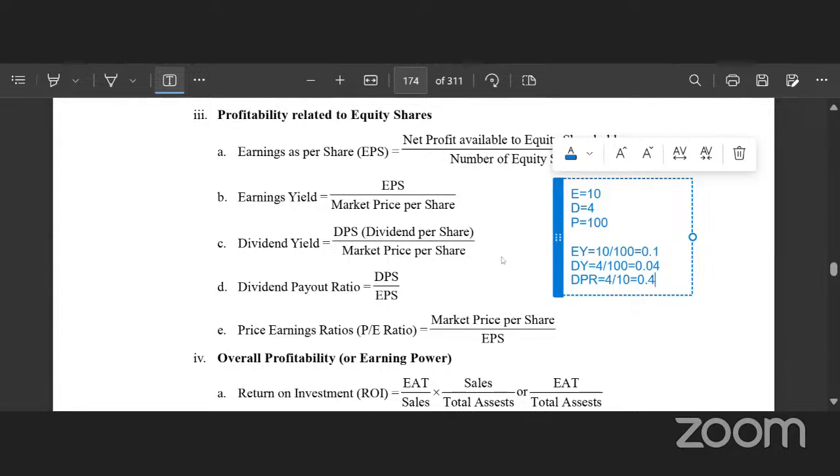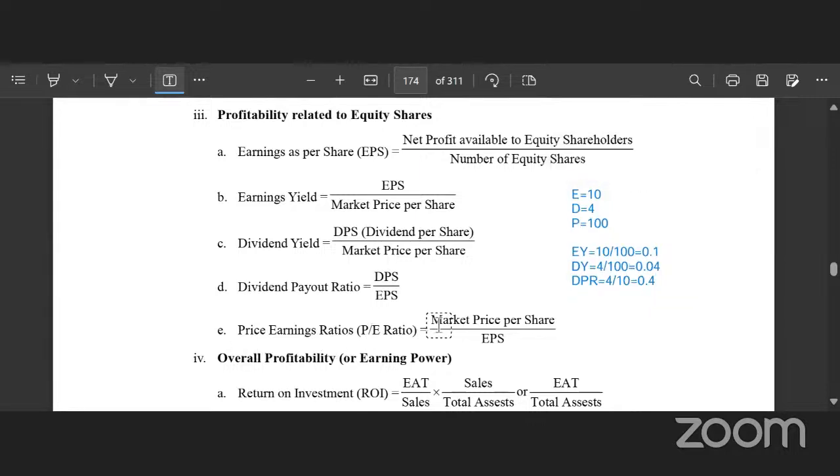That's the dividend payout ratio. The other 60 rupees stays with the company as retained earnings. If the dividend payout ratio is 40 percent, the retention ratio will be 60 percent. If the dividend payout ratio is 80 percent, the retention ratio is 20 percent. So DPR plus retention ratio should be 1.